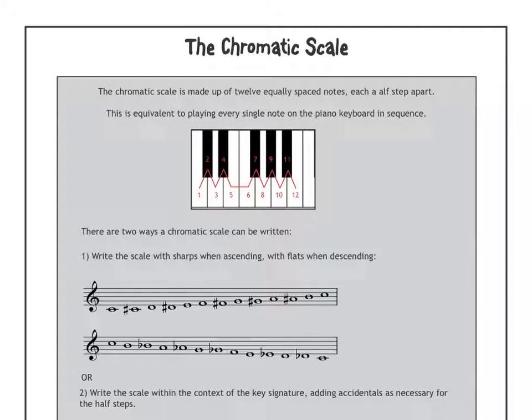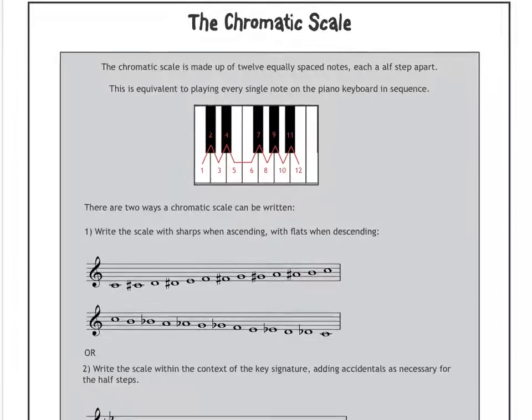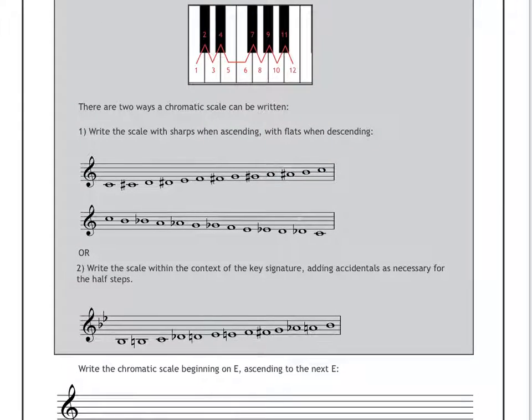So there are two ways a chromatic scale can be written. First is the way that you may have learned from previous lessons, or just in class. Write the scale with sharps when ascending and with flats when descending. Generally, when you go up a chromatic scale, you're going to write the natural note, just because it's the regular note head on the staff, followed by the same note with a sharp sign, if of course there's a black key that follows it.